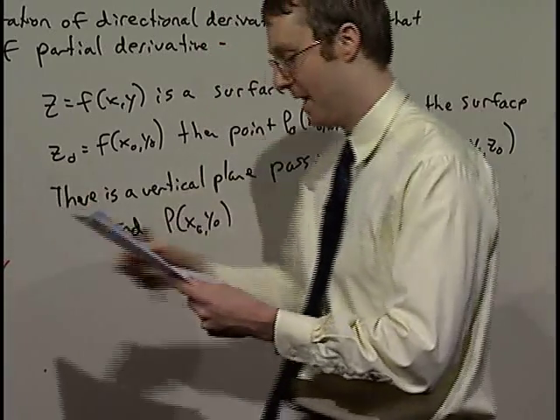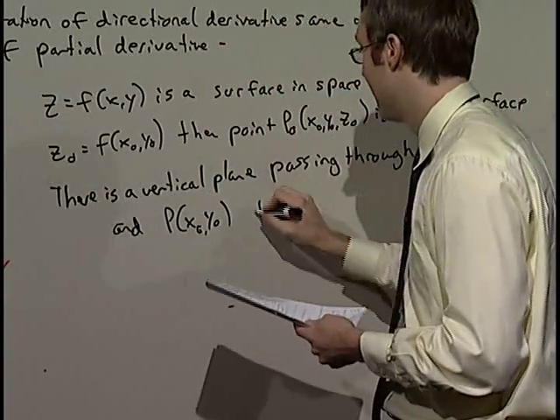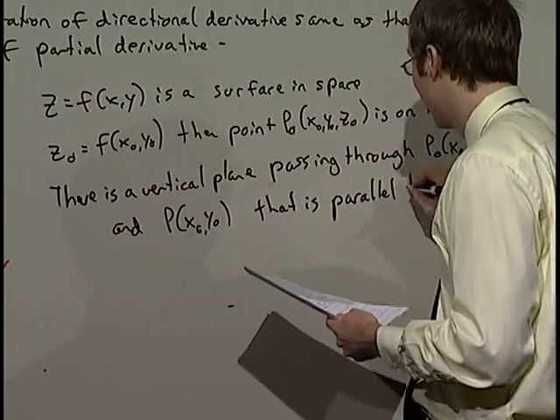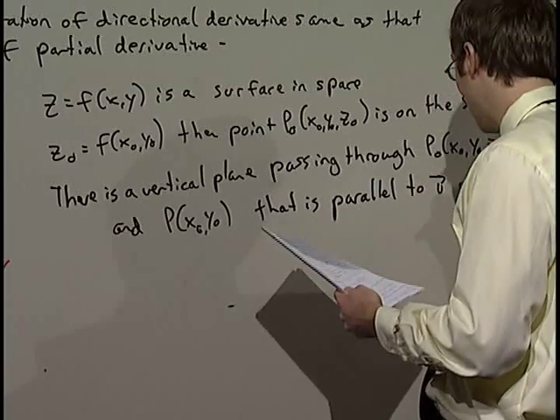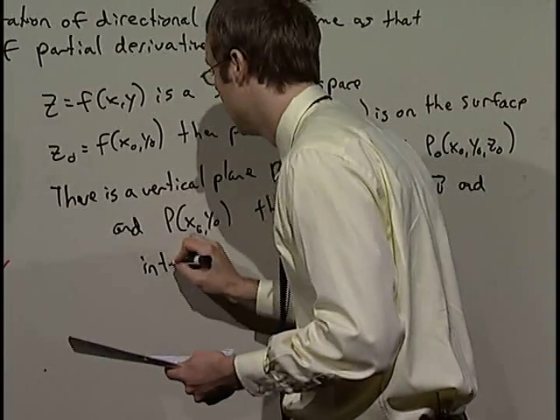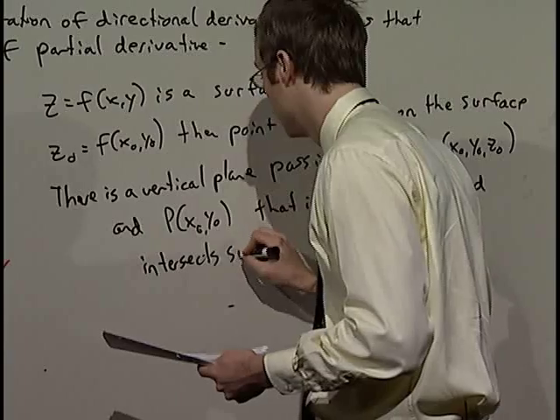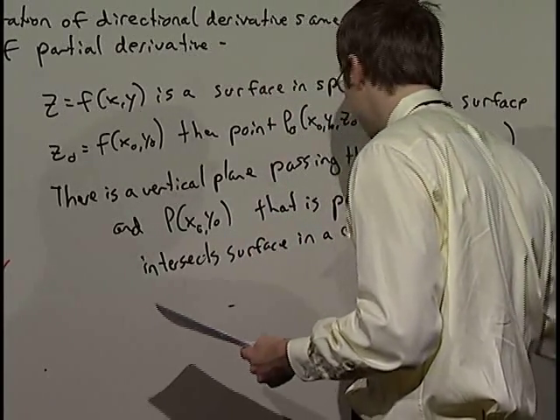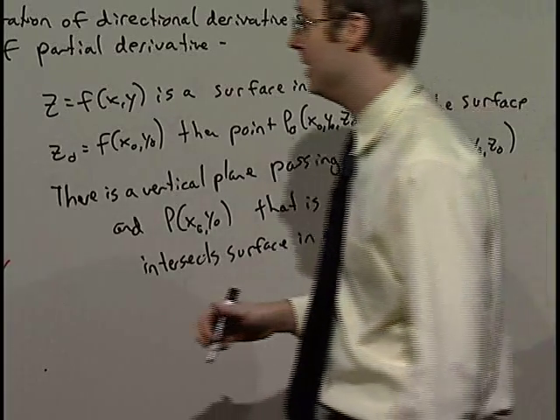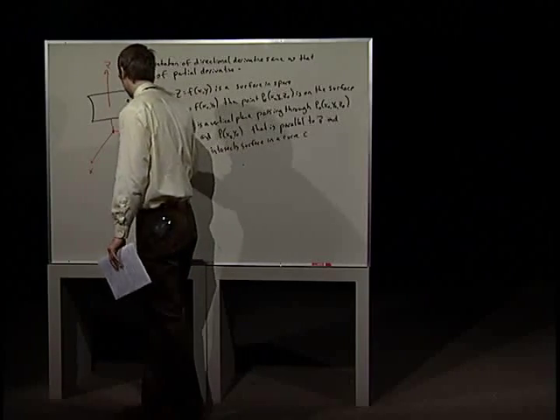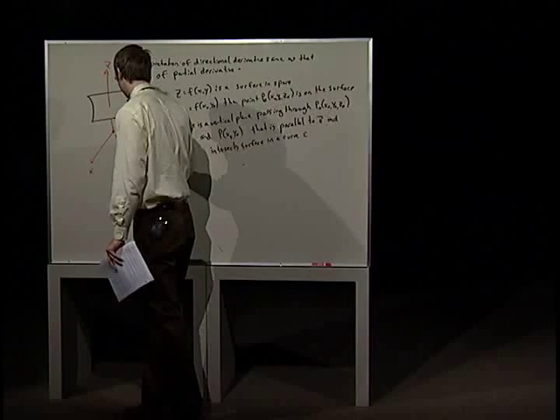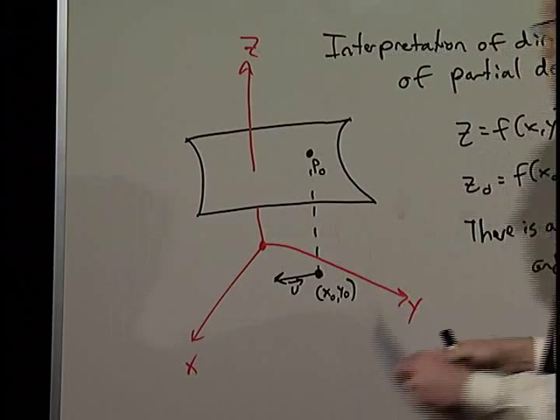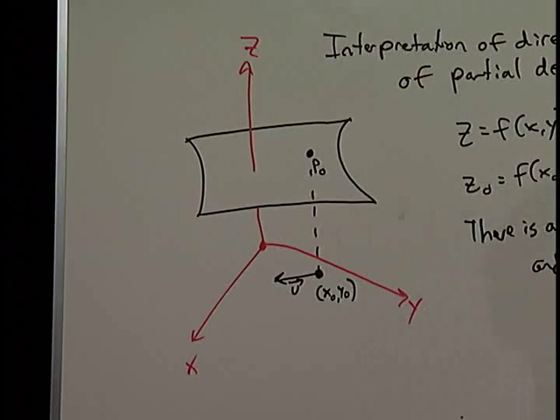So there's (x naught, y naught), there's P naught, that is parallel to u and intersects the surface in a curve C. So what I'm saying is, say you picked some direction, right? Say you want to go like that. So there's direction u.